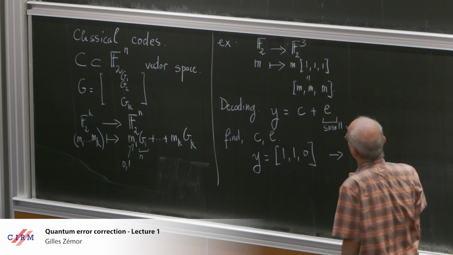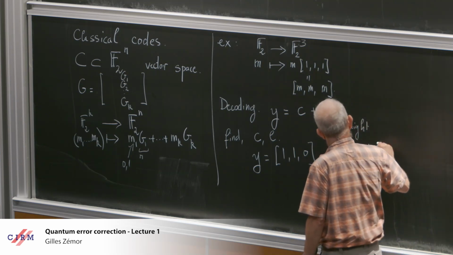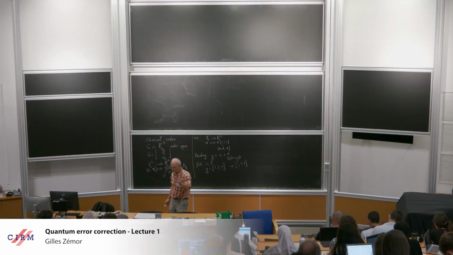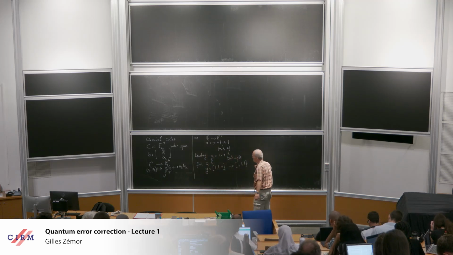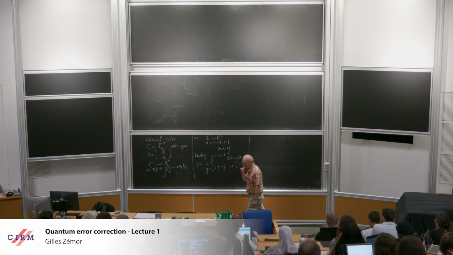Well, there are only two possible choices, and you see that the best choice is to consider the all one vector. You only need to change one bit to get to a code word, the all one vector. If you try to get to the all zero vector, you need to change 2 bits. So this is the solution to the decoding problem.